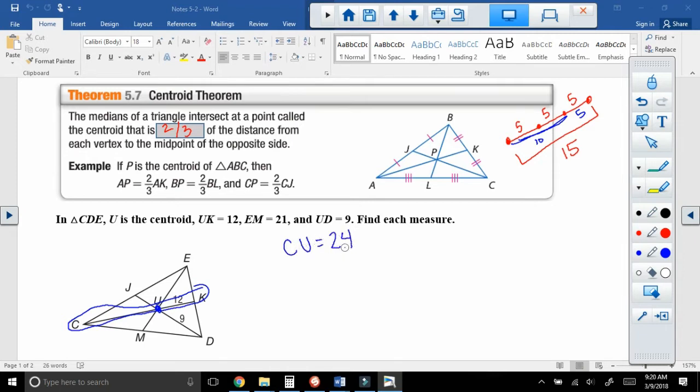It's the 2/3 part, which in this case would be 24. Correct? It's twice as big as the 1/3 part. And then what about CK? How long would CK be? 36. Because if this is 24 and this piece is 12, then the whole thing is 36.